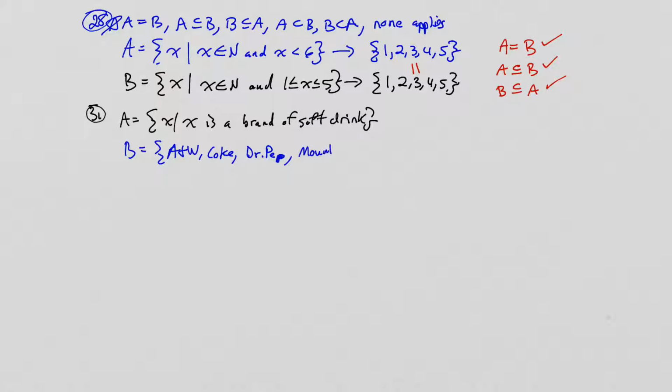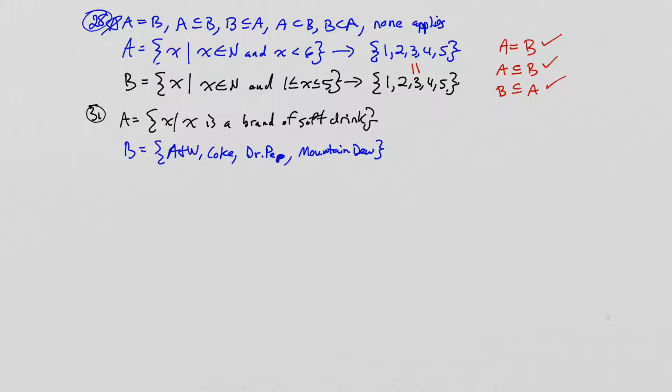Mountain Dew. Okay. So the question is, are all the elements in B also elements of A? So A&W, Coke, Dr. Pepper, Mountain Dew, those are all brands of soft drinks.